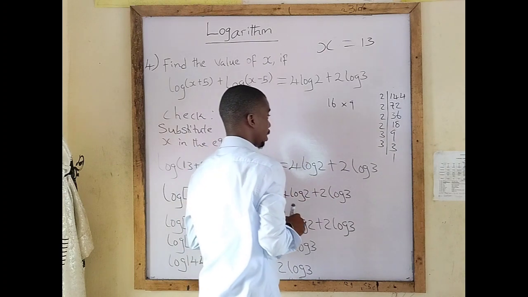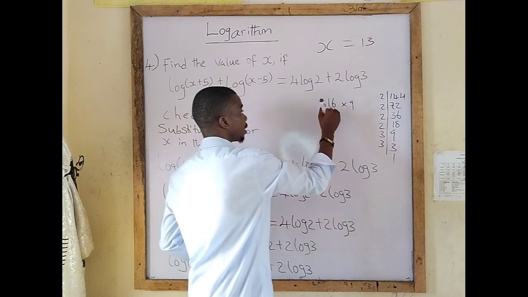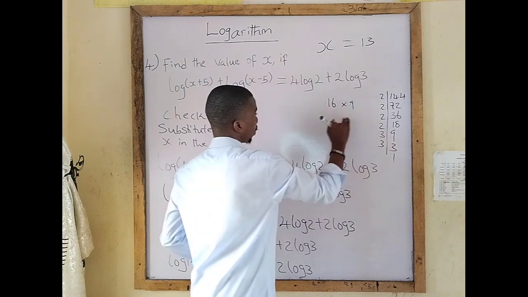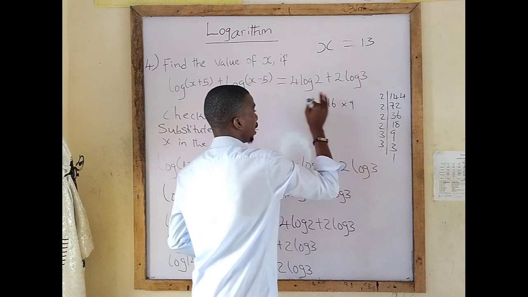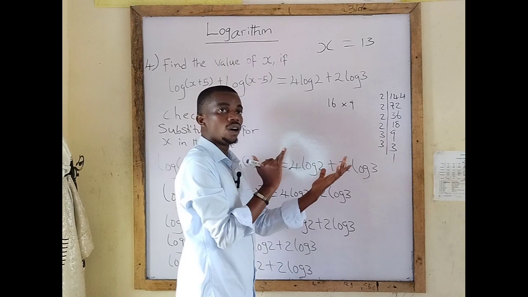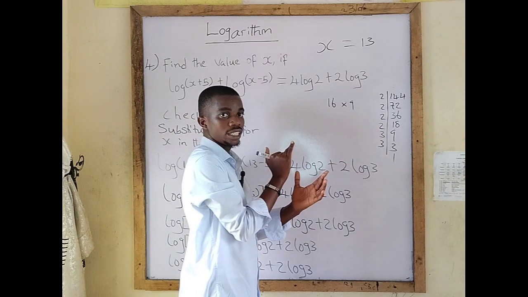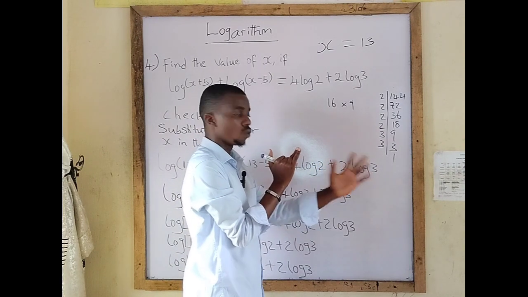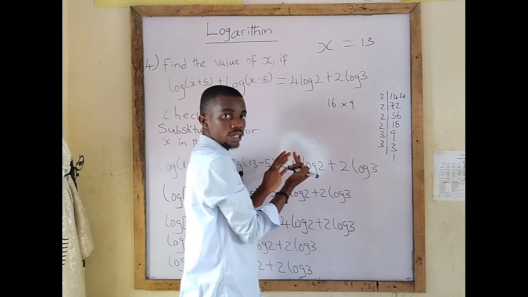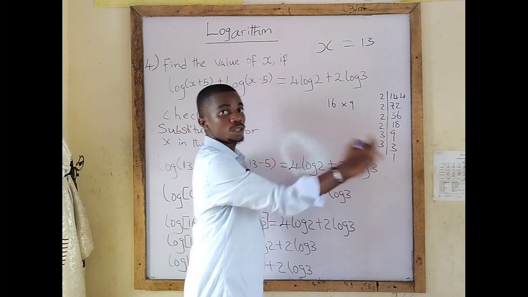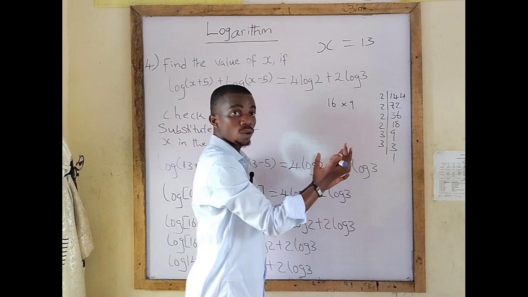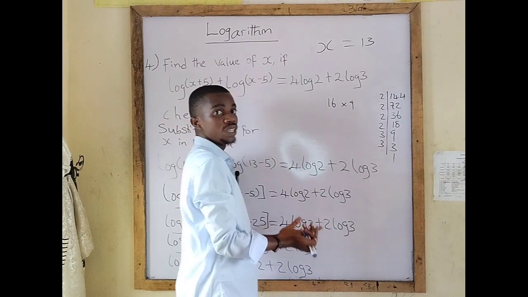Okay, but remember that in the rule of logarithm, multiplication is related to addition. That is to say that going forward, two logs that are added will be multiplied, and going backward, two logs that are multiplied will be added.